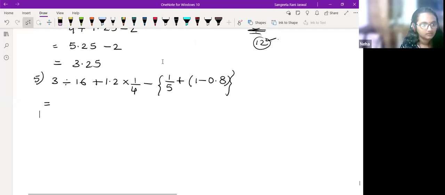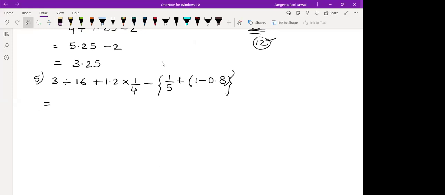You have two brackets here. First you will solve the inside bracket. Whatever answer you get for this bracket, you will add with 1 by 5, and you will solve the other bracket first, and then the rest of the numbers. Okay. Adya, you understood? Yes, ma'am. Harshit, how are you doing? Yes, ma'am. Good, better.